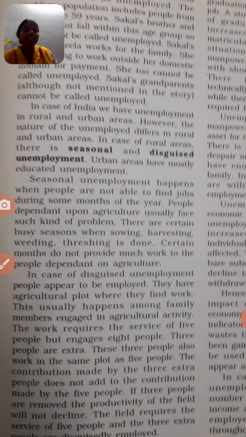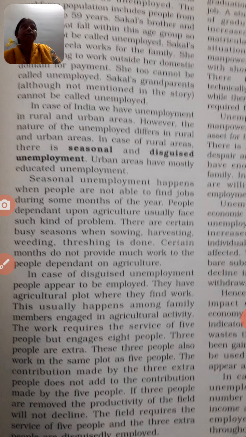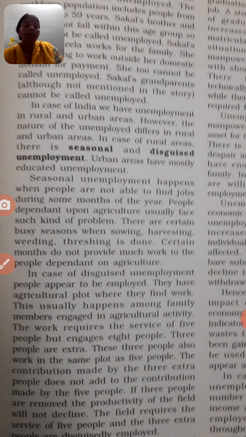There are some months when more work on the field is done, like sowing, harvesting, weeding, and threshing. And there are 3 to 4 months when there is no work on the field, so the people who had employment in the field become unemployed. This unemployment does not exist for the whole year, only for 3 to 4 months, and this type is called seasonal unemployment.